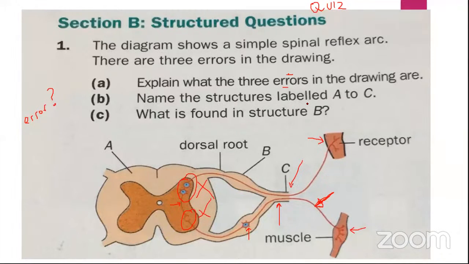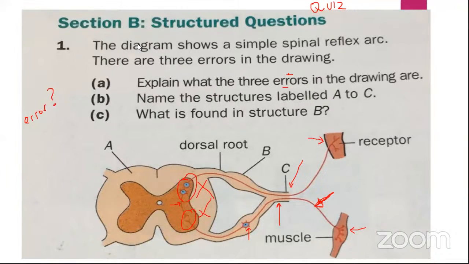Then what is found in structure B? Okay, taking that had seen it. Yes, what is found in structure B? I also had said it. What is found in structure B? Anyone?